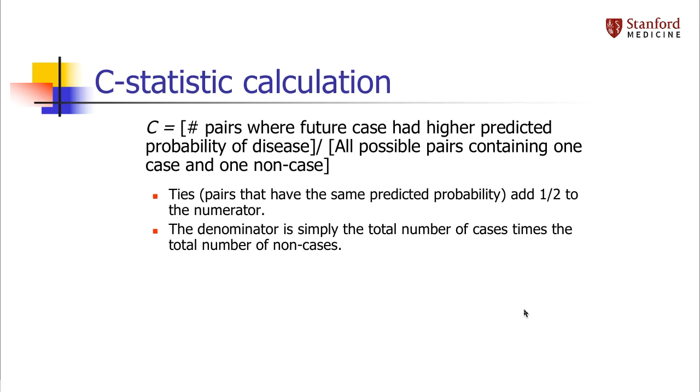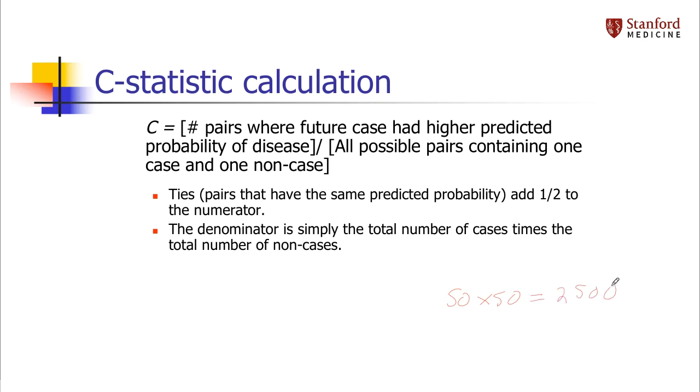How do you actually calculate the C statistic? To calculate this measure, you look at all possible pairs containing one case and one non-case. If I have a study with 50 cases and 50 controls, all possible pairs of those 50 cases and 50 controls would be 2,500 possible pairs.